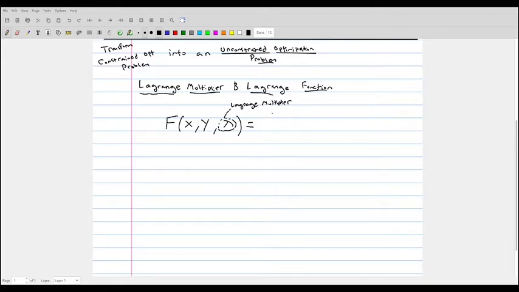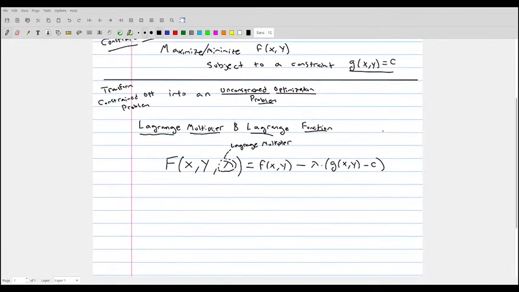And this is constructed relatively simply. We just say it's going to be the original function, lowercase f of x y, minus the Lagrange multiplier times the constraint function minus c.